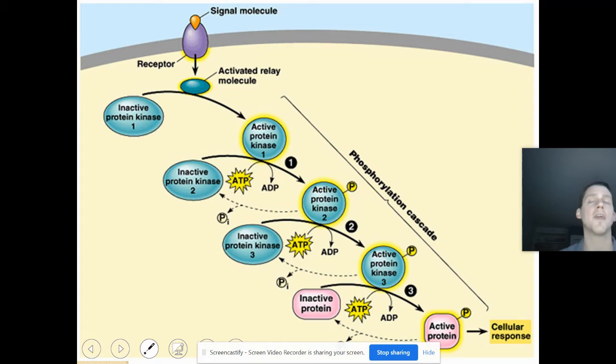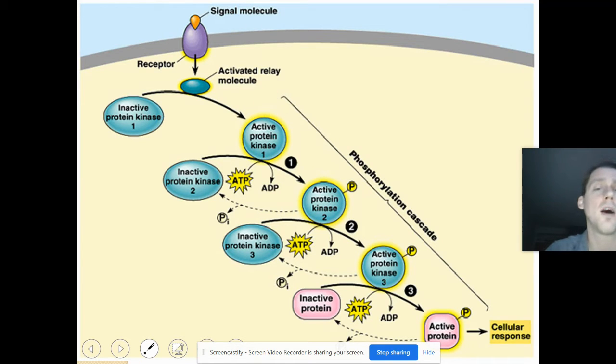Now, another big thing here is the idea of amplification. Amplification is an important idea because this receptor doesn't just activate one relay molecule, it can activate a bunch. Let's just say 10, even though it's probably a lot more than 10. So now we have 10 activated relay molecules. Each of them can activate 10 protein kinases. So now we have 10 times 10, or 100 activated kinases.